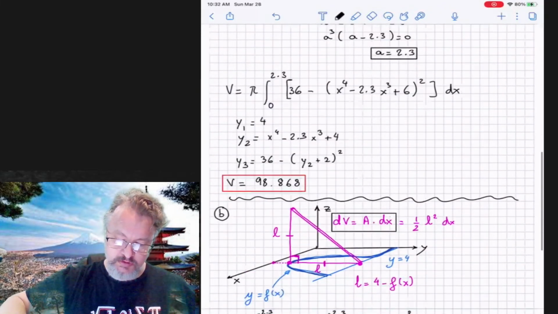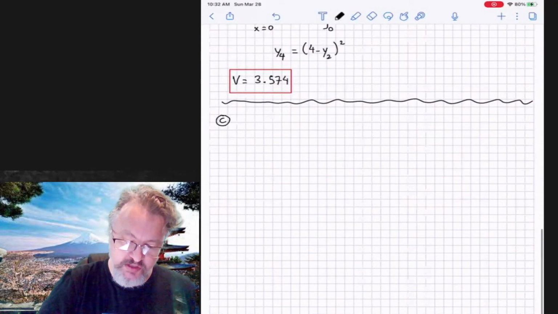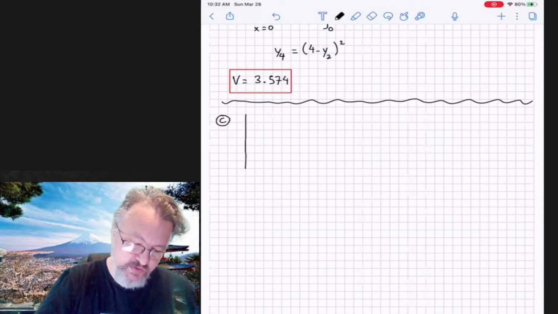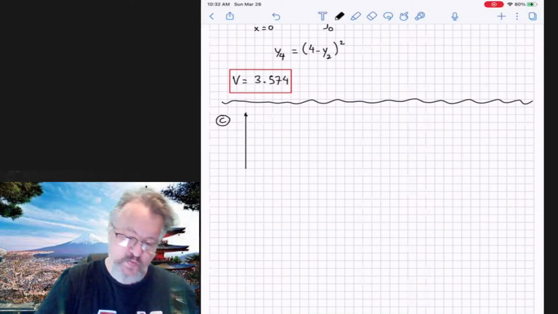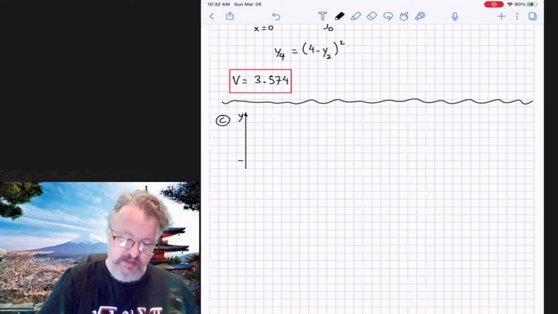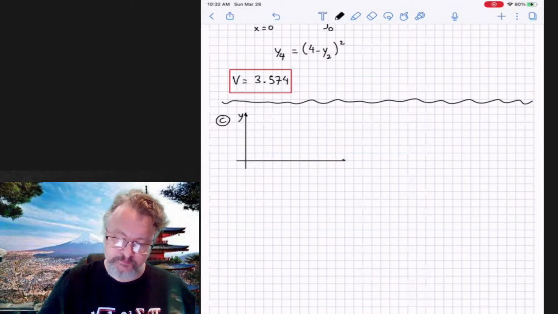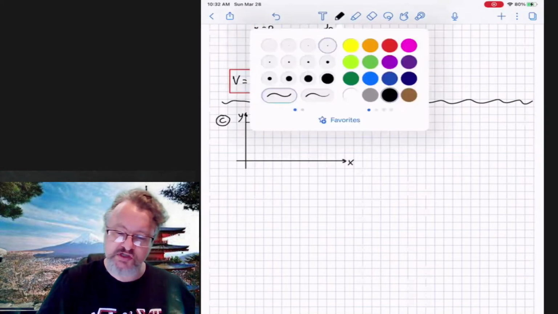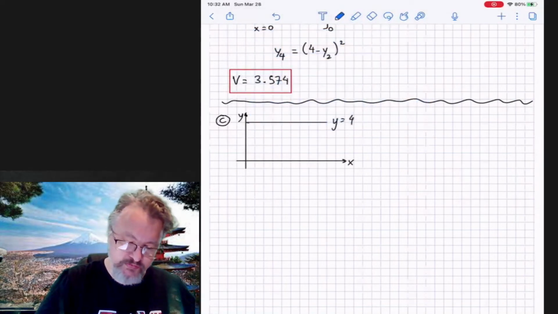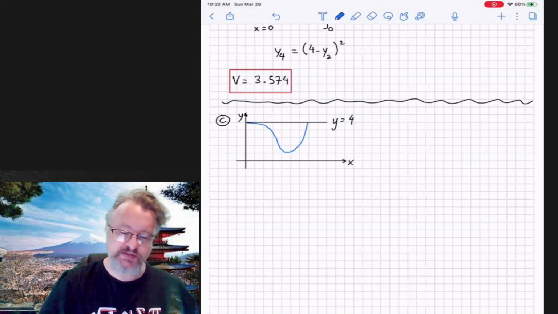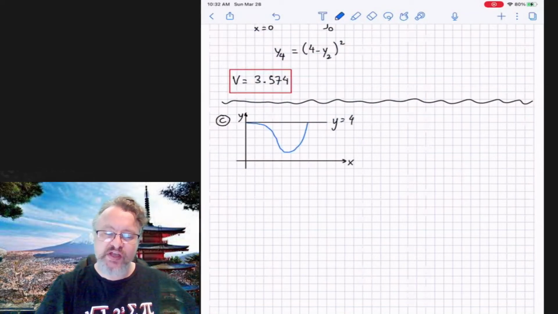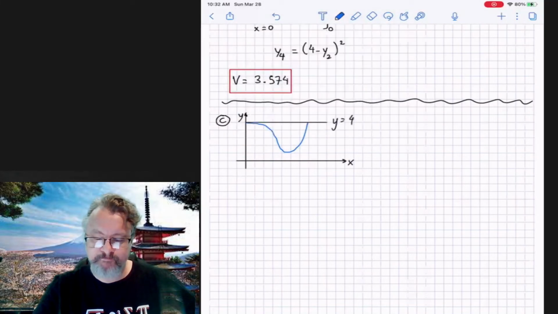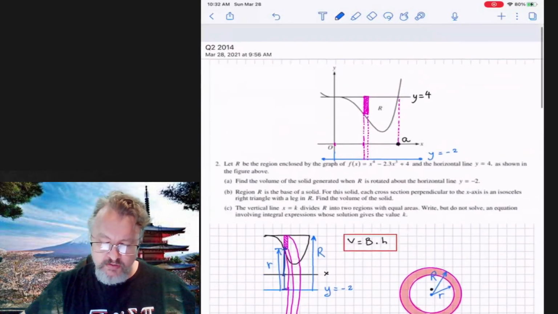But let's draw a little picture to make sure we understand what's going on here. So I'm going to have my y-axis. I'm going to have my x-axis. I'm going to have my y equal 4. And let me change color to draw the function. We're going to have the function that's going to be somewhat like this. And so we have a line. Is it at x equal k or y equal k? That's very different.